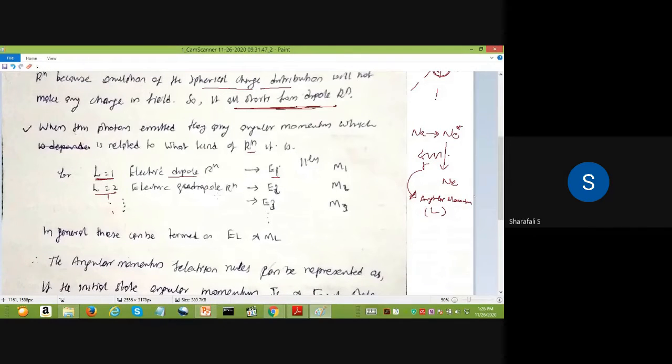Electric quadrupole radiation, that is E2, and electric octopole, and that will be E3, etc. So it will go like this.